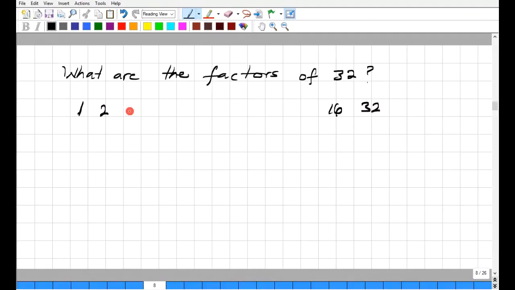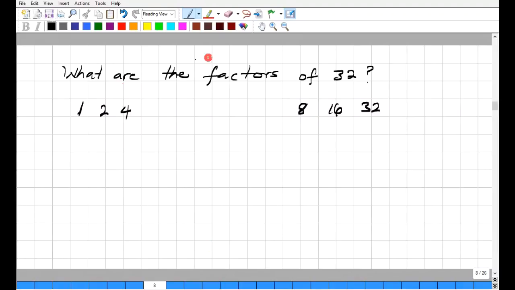Could 3 go into 32? Not that I'm aware of, because if we add this 3 and 2, that would be 5. No, doesn't look like that. So let's try 4. 4 could go in there 8 times. Anything else? 5, 6. Can we think of anything else?